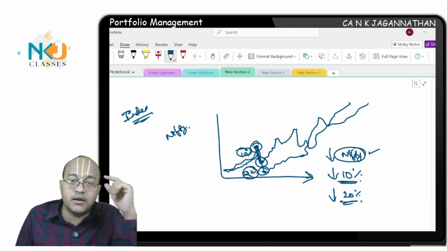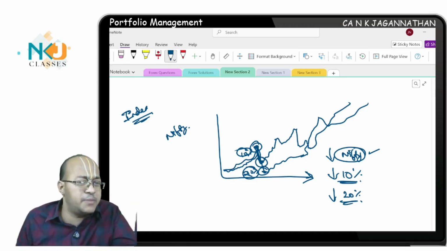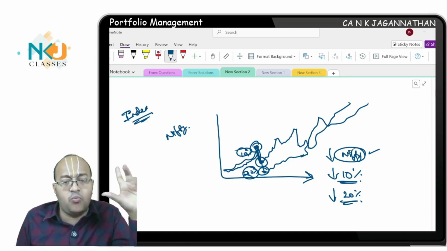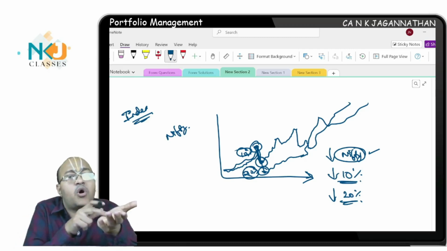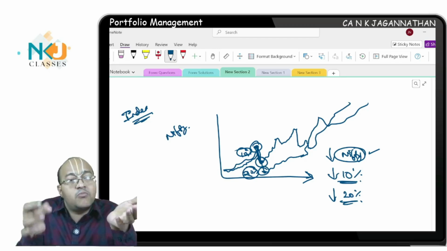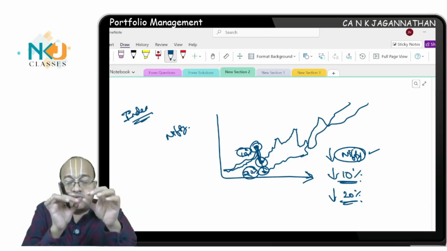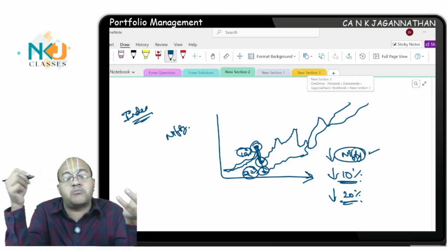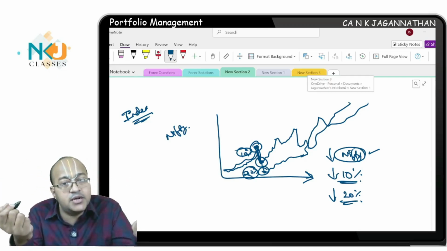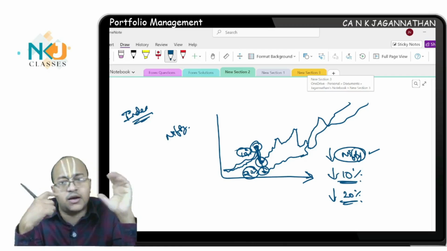For this we already learned in the bond valuation chapter the concept of volatility. What is volatility in bond value? Change in bond price with respect to change in bond yield, YTM. The formula is very simple: change in price of the bond divided by change in YTM. Are you all understanding?